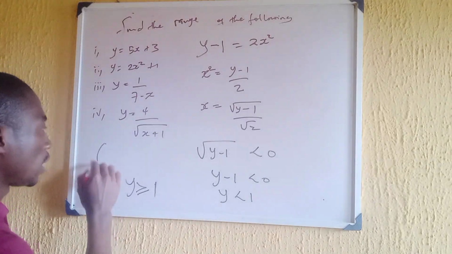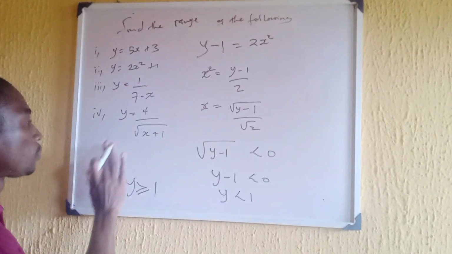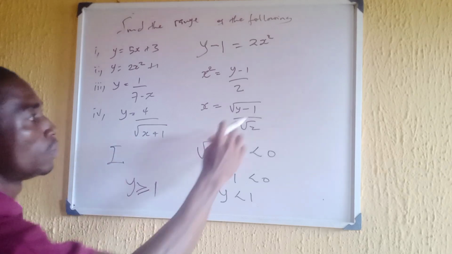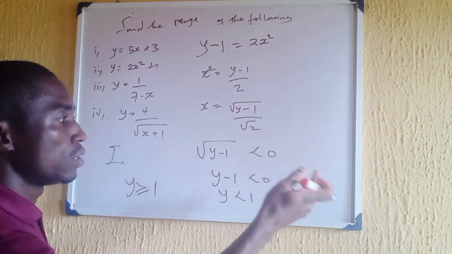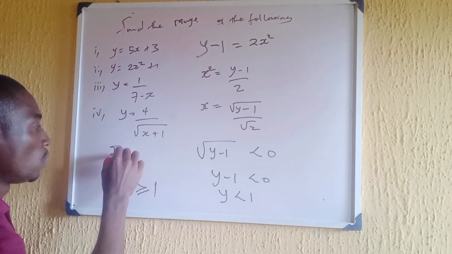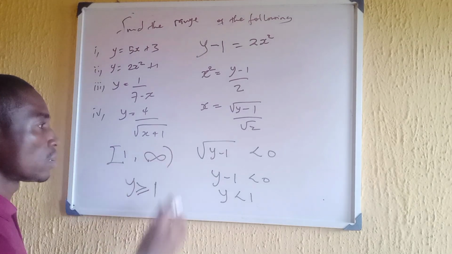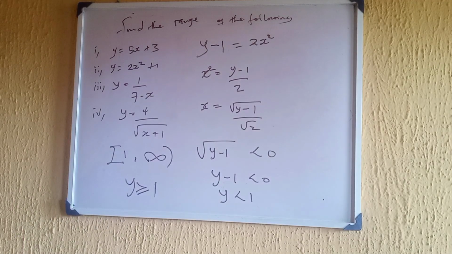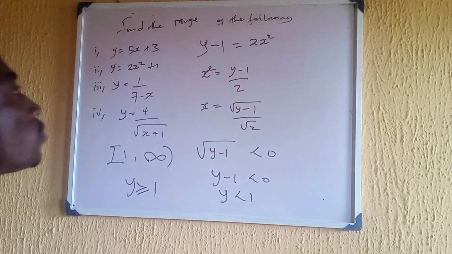So we can express it like this. When you put 1 here, you get 0. Root 0 is 0. So we can express it like this: 1 comma infinity. Any number less than 1 is excluded from the range.